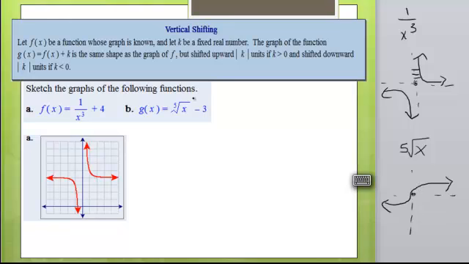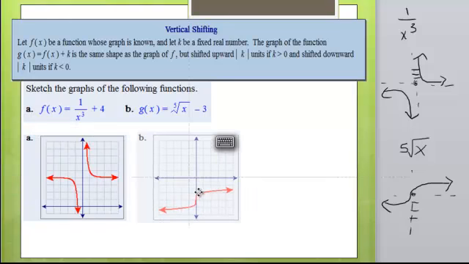So if we have a minus 3 on the outside of this function, it's going to take this graph and shift it down 3 units. So that one would end up looking something like this. We have 1, 2, 3. So you can see right there is where the origin used to be. So we took that graph and shifted it down 3 units.